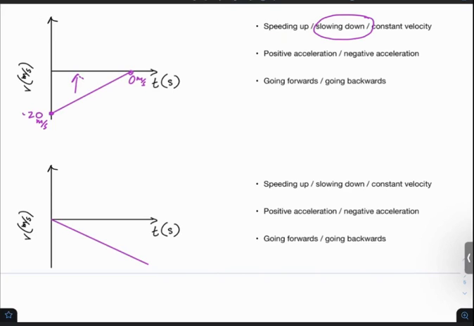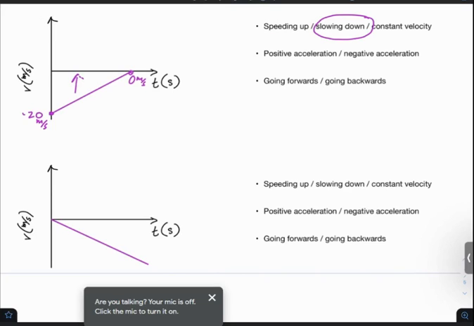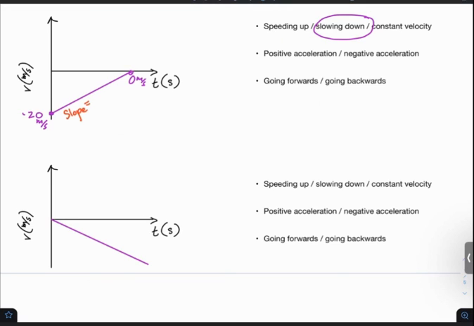Now, the next question is, is this a positive or a negative acceleration? And again, the slope of this is your acceleration. Now, it's slowing down though. So, is this a positive acceleration or a negative acceleration?